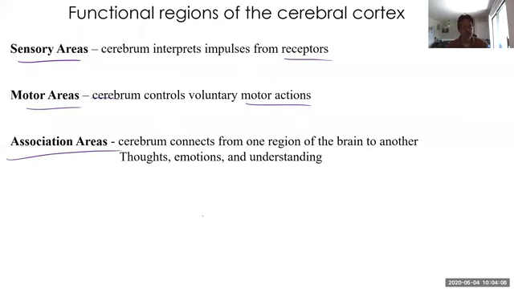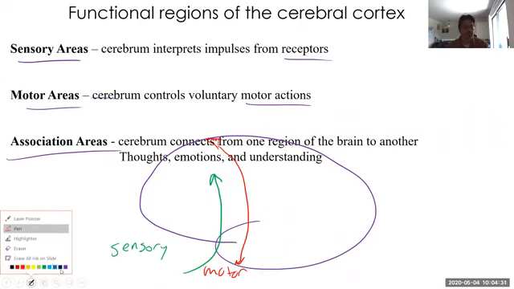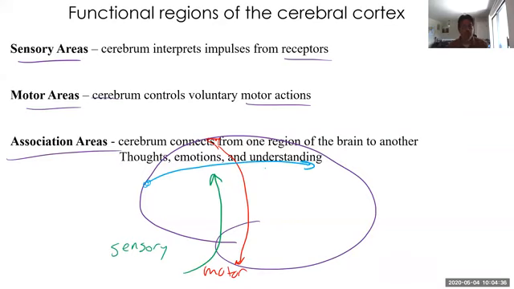So for example, if we were to take a look at the cerebrum like this, obviously sensory would be coming up from the outside, like so, and motor would begin up here in the cerebrum and go down. But then we're gonna have a lot of areas that are either connecting from the frontal lobe to the parietal lobe like this. They might be connecting from the right side and the left side, or they might be going somewhere like this.